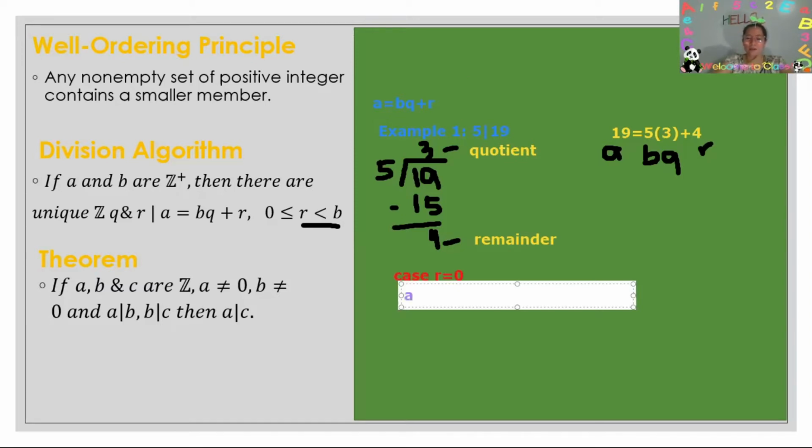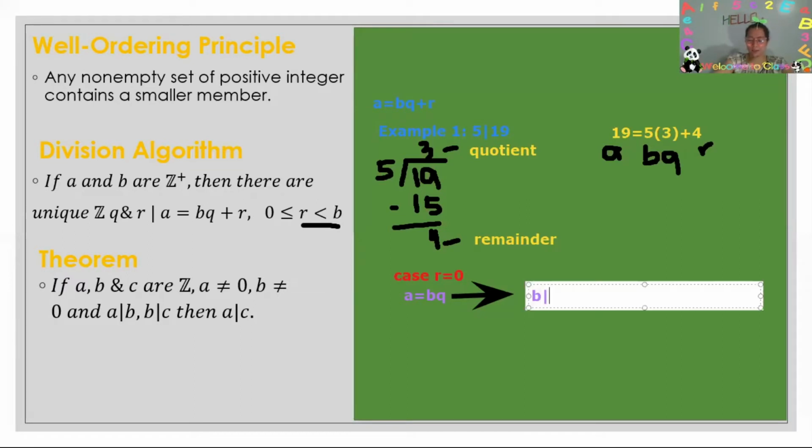So there are also cases that R is equal to 0. Let's have an example wherein R is equal to 0. A is equal to B multiplied by Q. So it can also be written as B divides A. So for example, our A is 10 and our B is 5.